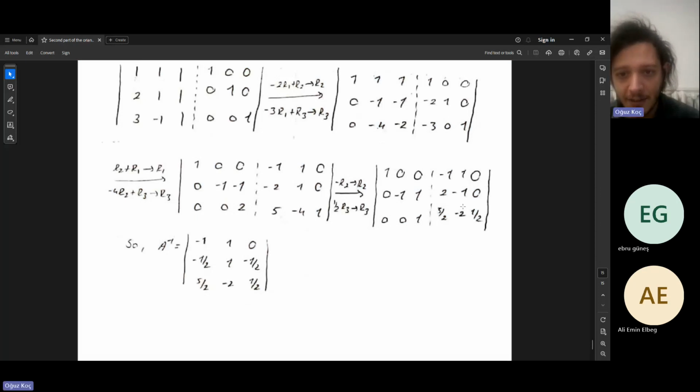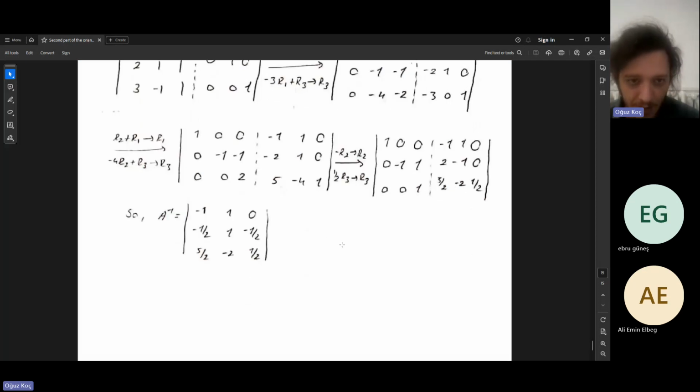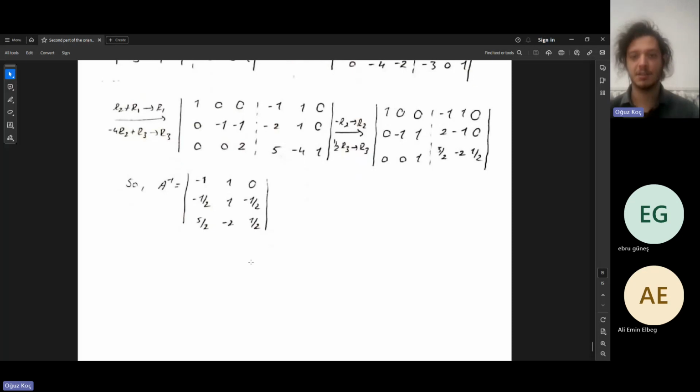And then finally, when we do the other operations, we get the identity matrix in here and the inverse of the matrix in here. This is the final form of the inverse of our matrix A. This is the second way of finding the inverse of a matrix.